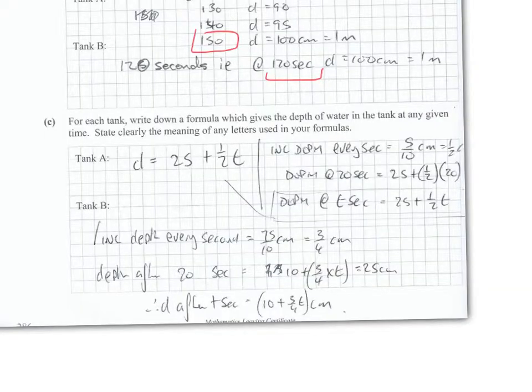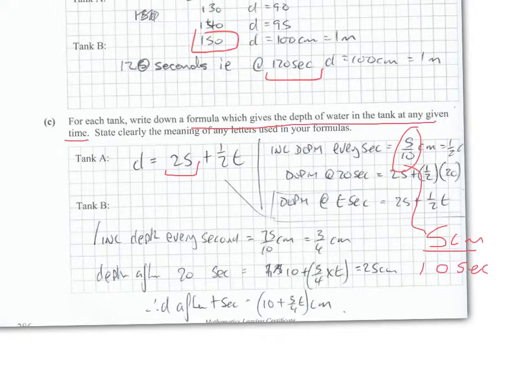So for part C then, we're asked to write down a formula which gives the depth of water in the tank at any given time. Okay, so we're going to have to equate depth to time, and we're working with seconds here, so we have to find how much the depth changes with respect to time, and we're told early on that it rises 5 centimetres per 10 seconds.